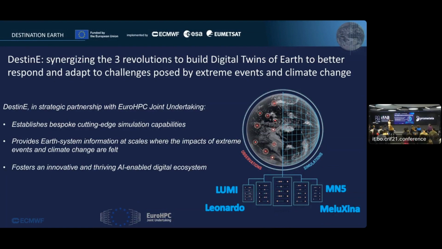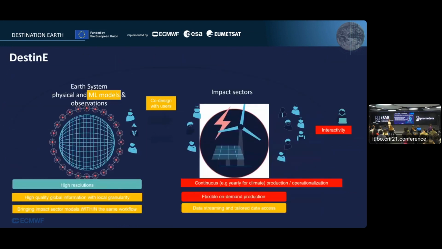But we are also going to do some machine learning simulations in this program. So the goal is actually to co-design some models together with users. We call it Destination Earth, or Destiny. So we have this Earth system physical, but also machine learning model co-designed with users in different impact sectors. So a lot of interactivity.